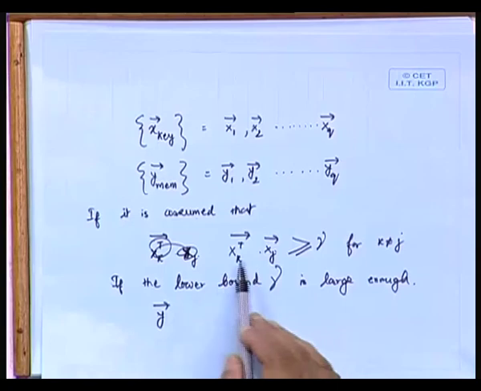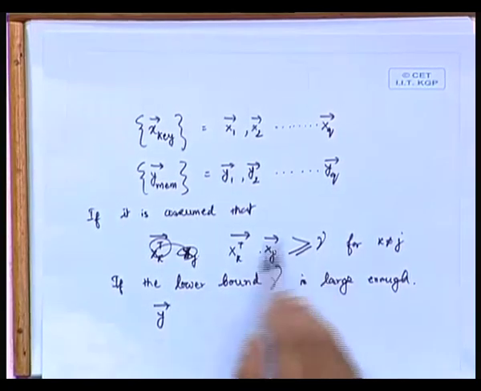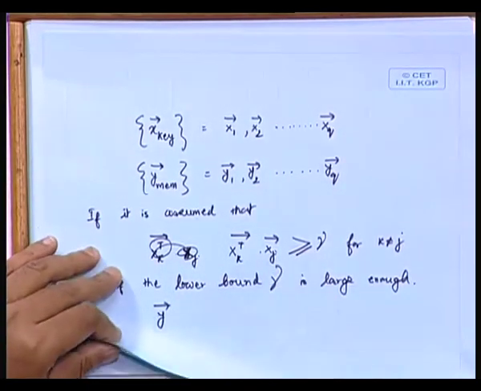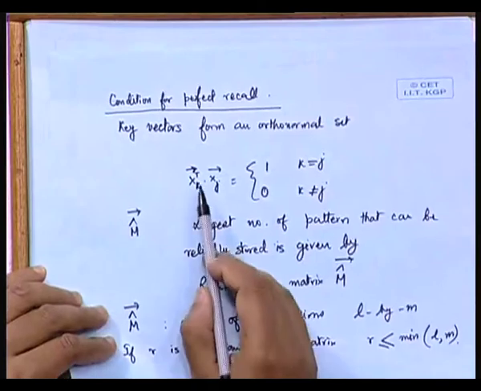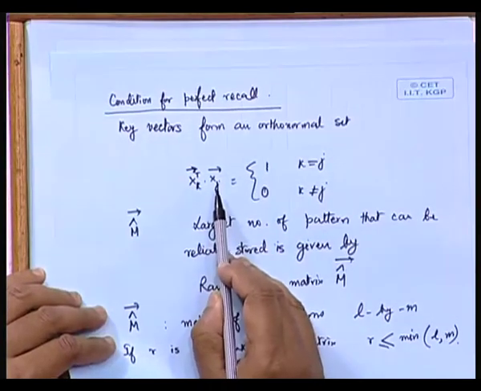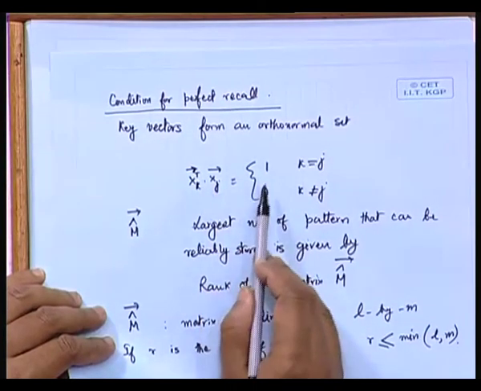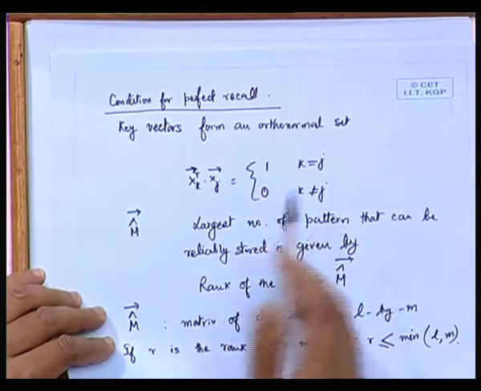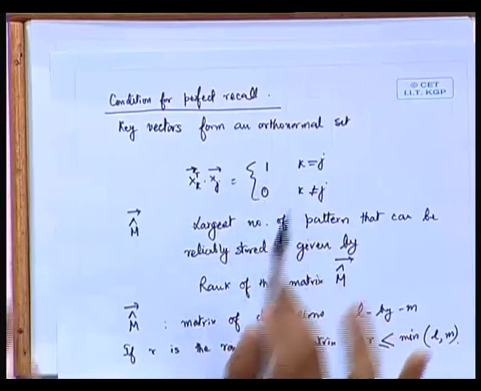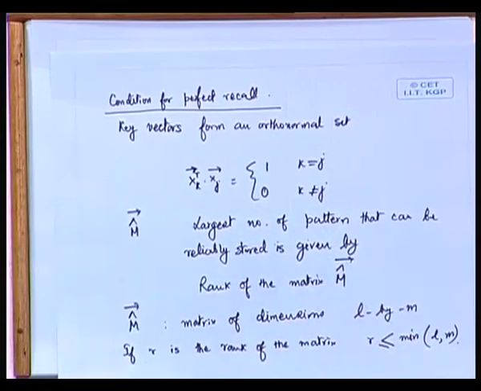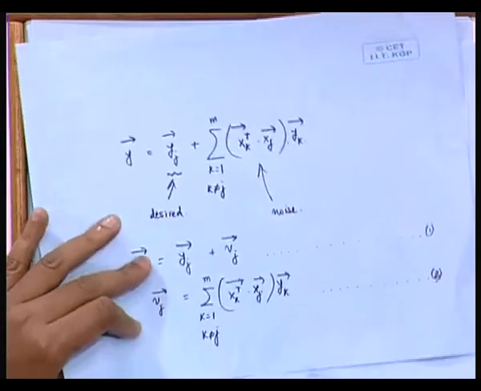We only talked about a lower bound of this in the earlier case, and in the first case we were talking of this condition. That means we have considered that for all the combinations of k and j this condition is fulfilled, because only when all these are fulfilled are you going to get a perfect recall.